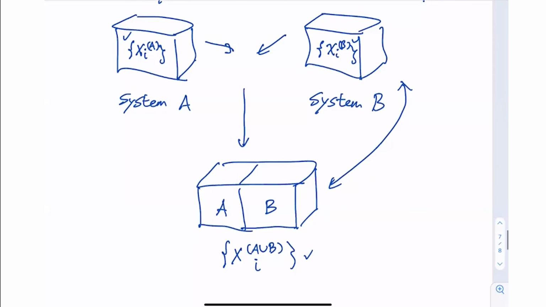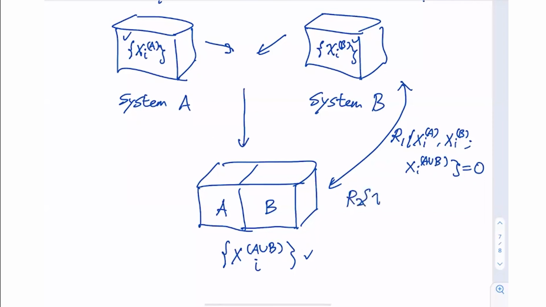In principle, you could find tons of relations, maybe relation 1 relating xi A and xi B and the final configuration, and maybe you can find relation 2 of these systems also.